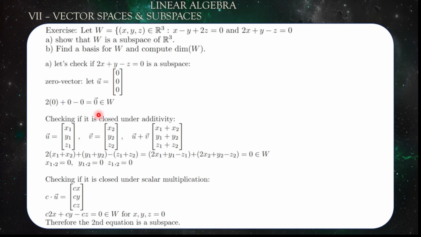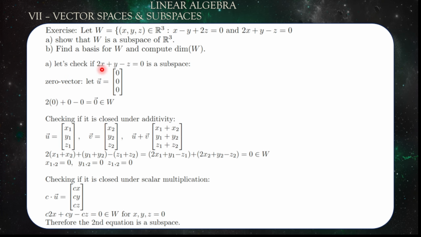Second, checking if it is closed under additivity. So u equals x1, y1, z1, v equals x2, y2, z2. u plus v is equal to x1 plus x2, y1 plus y2, z1 plus z2. Let's replace x, y, and z with x1 plus x2, y1 plus y2, z1 plus z2 respectively within the equation.